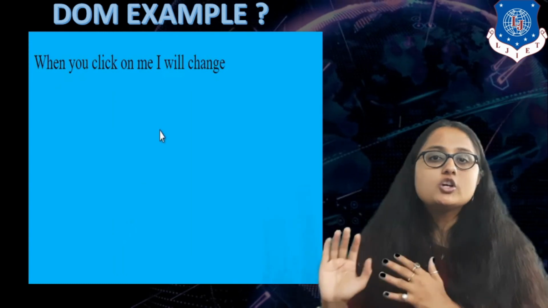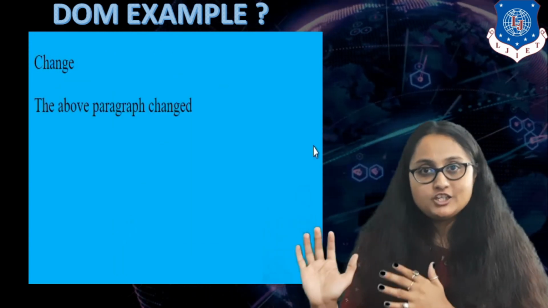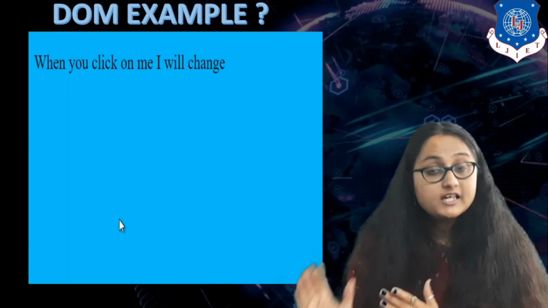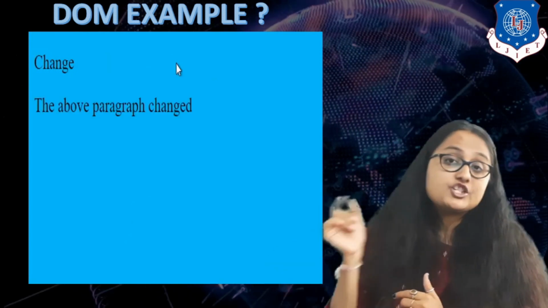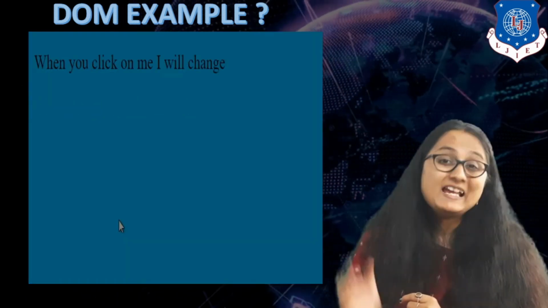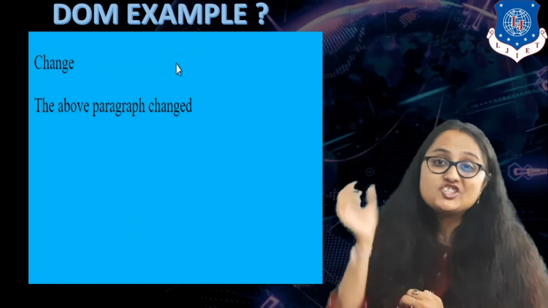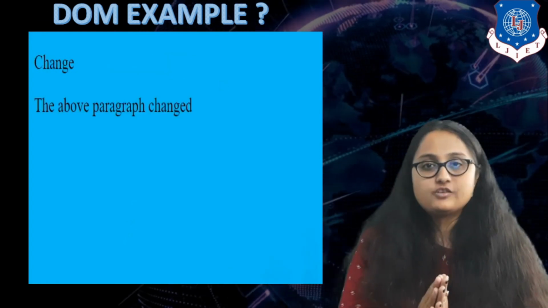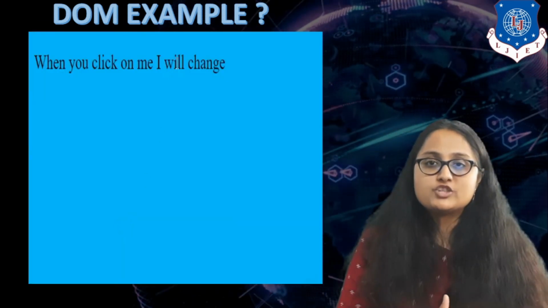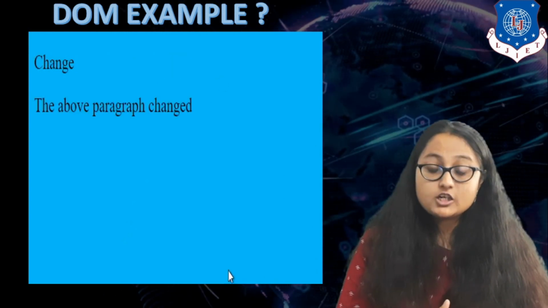This is not a simple static page of HTML. Instead, it has JavaScript which is using document object modeling, accessing the paragraph and changing the internal text of the paragraph using document object modeling methods, right?